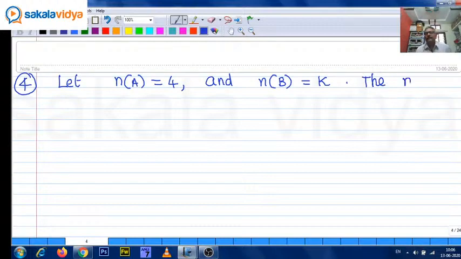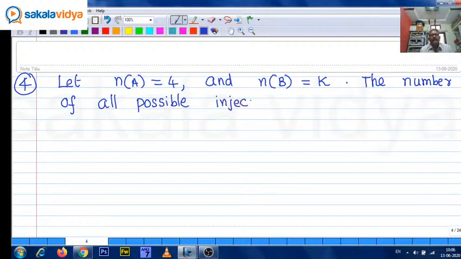The number of all possible injections, which means one-to-one functions only, don't get any confusion, injections from A to B, is 120.